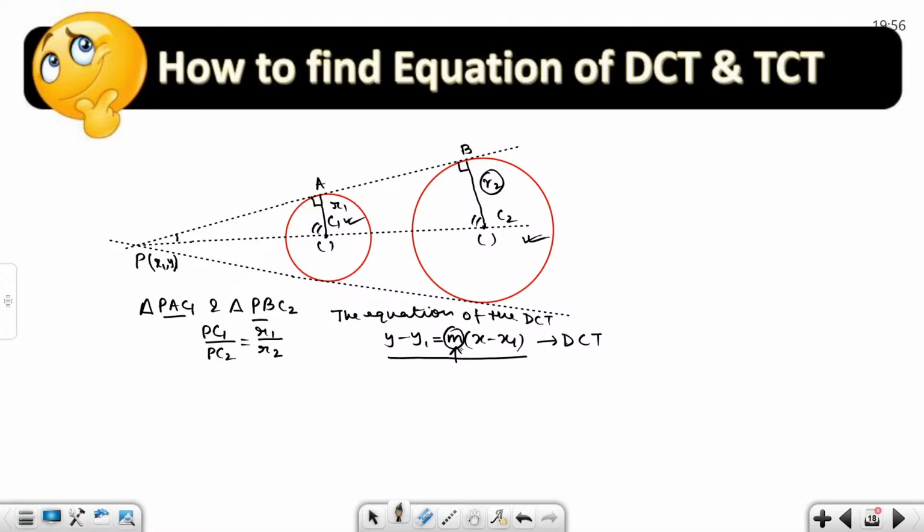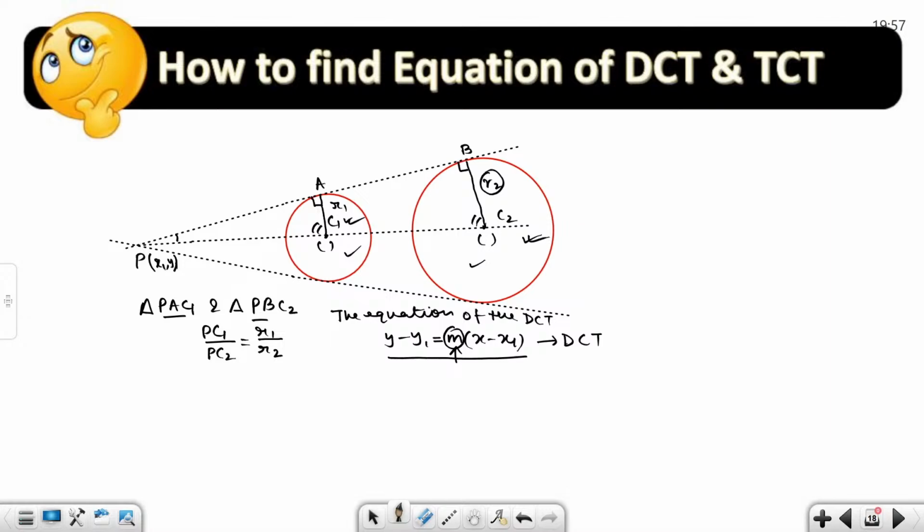Here the only unknown is m. Now to find m, we will use our previous concept. The concept is you choose any of these two circles, whether this is the first one or the second one doesn't matter. And there we will use that property: from the center of that circle which you have taken, draw a perpendicular on the tangent and equate it to its radius.